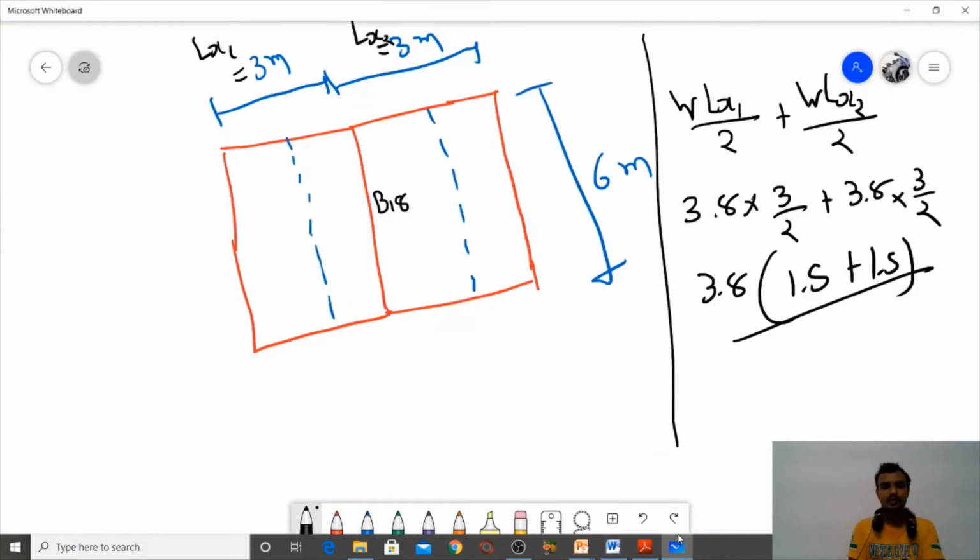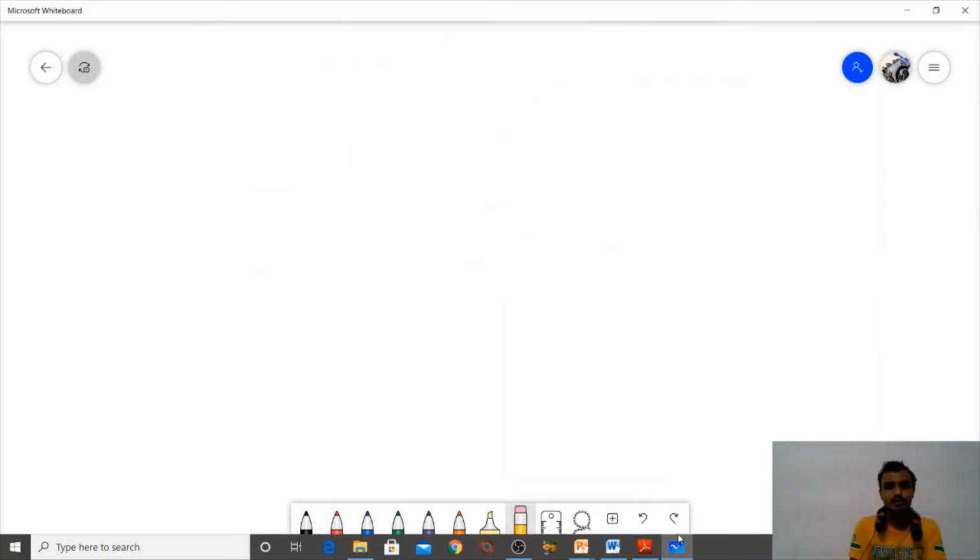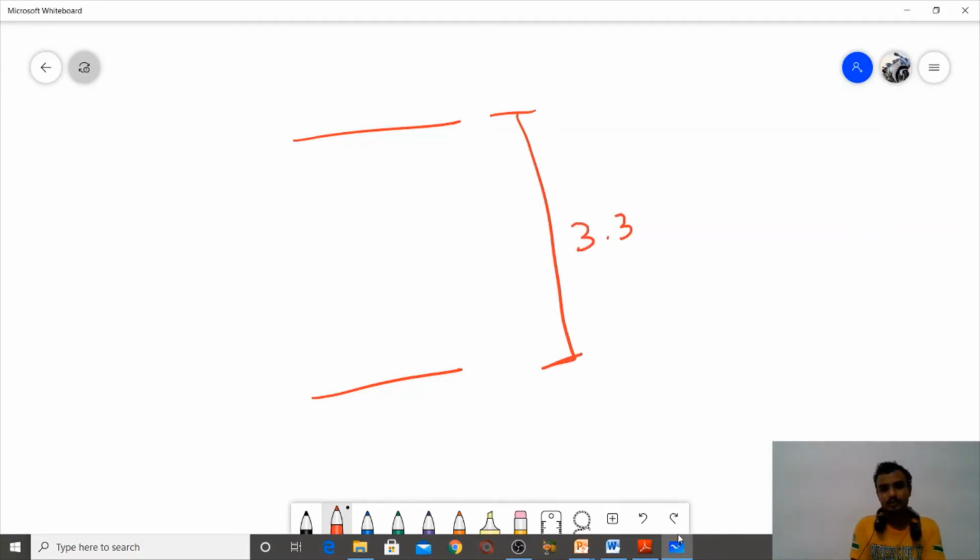Here 3.35 is the total height between floor to floor.